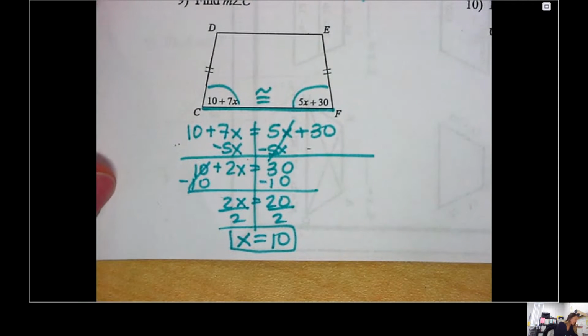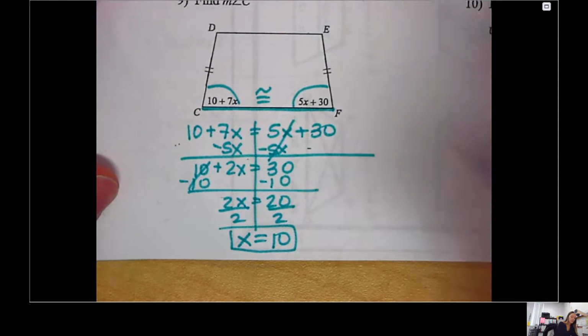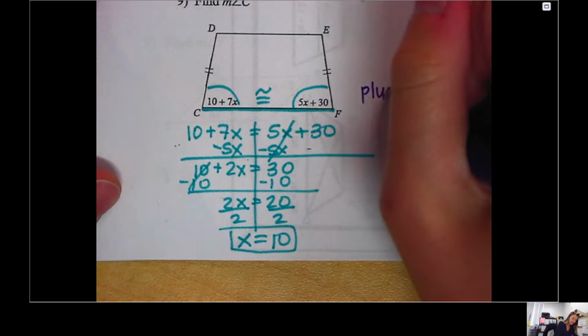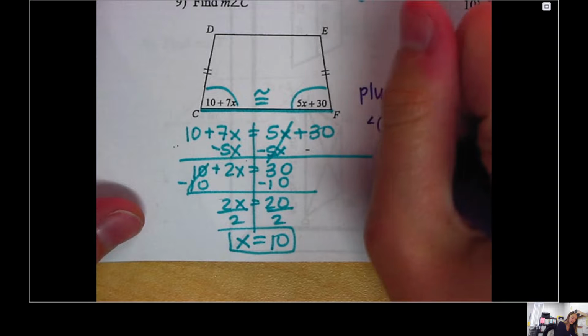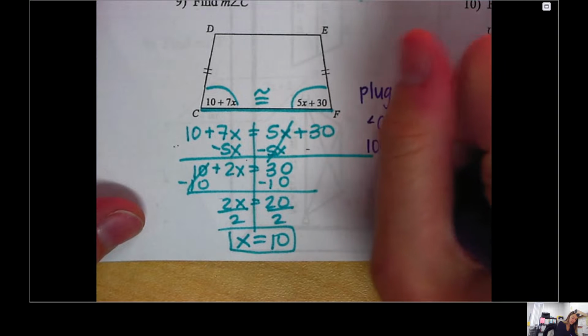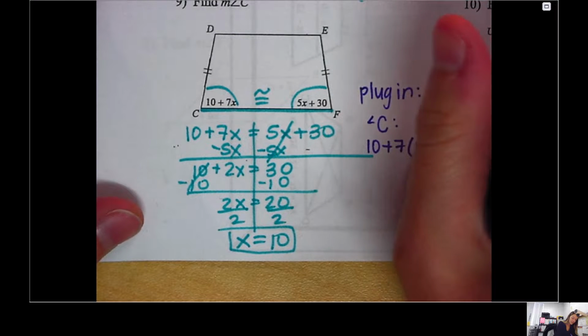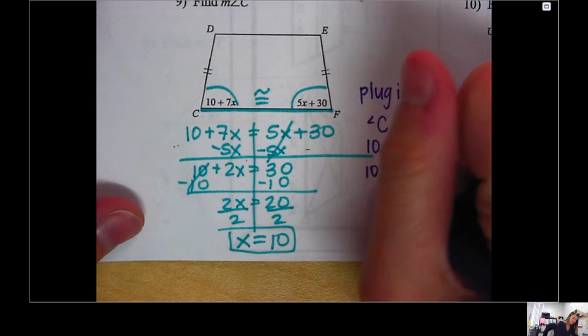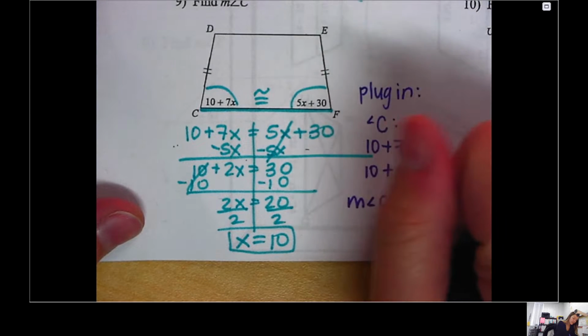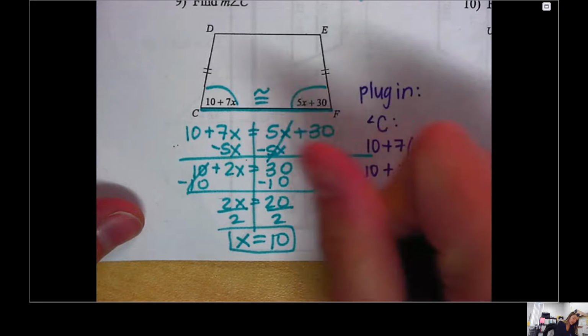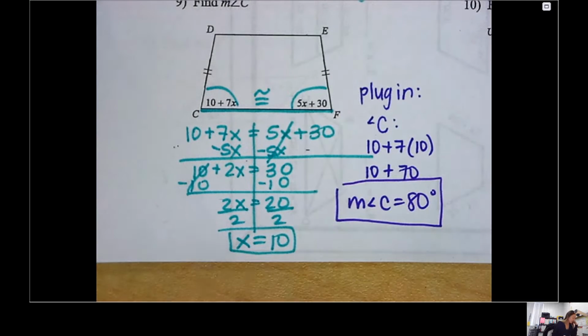X equals 10, but I'm not done. I need to plug in. And it's asking me for angle C. So angle C is 10 plus 7 times x, which is 10. So 10 plus 70. So the measure of angle C is 80, and we're talking about an angle. So I would use a degree symbol.